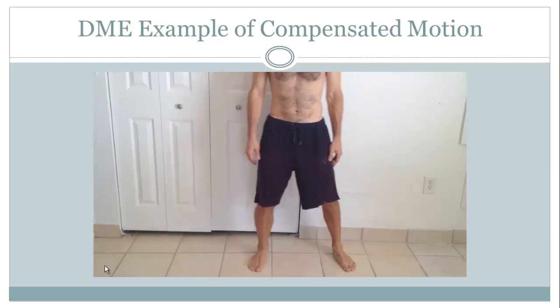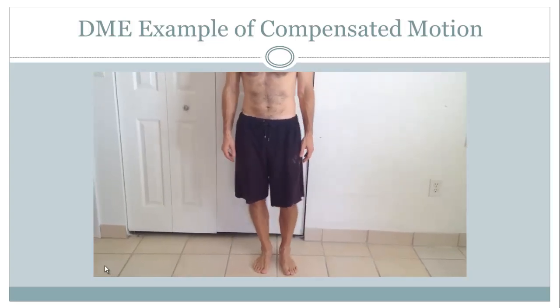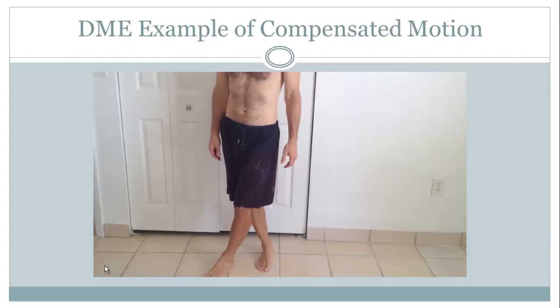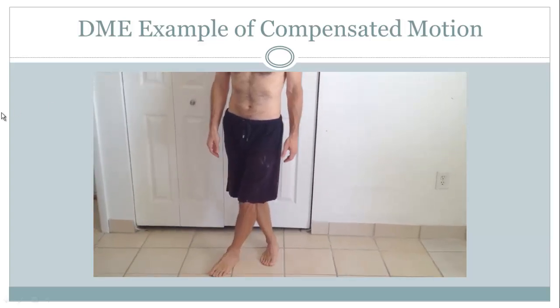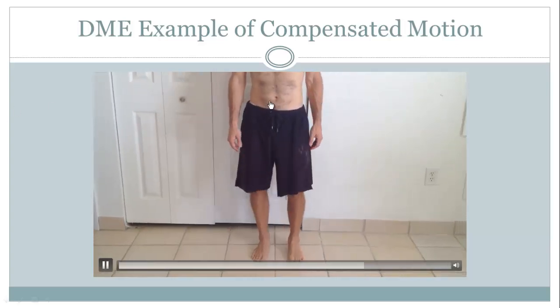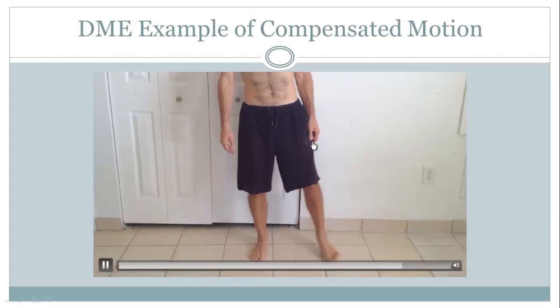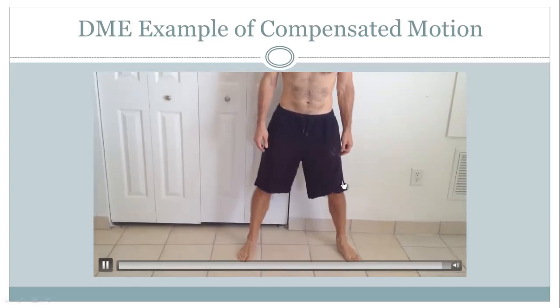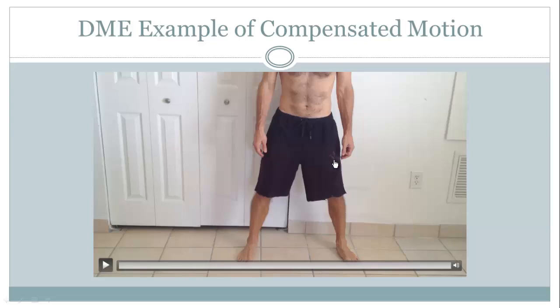As he comes across, you'll note rotation. And the rotation occurs right here at the pelvis and the lower lumbar spine. And it looks like the motion begins to stop right around where the stain is in his pants.